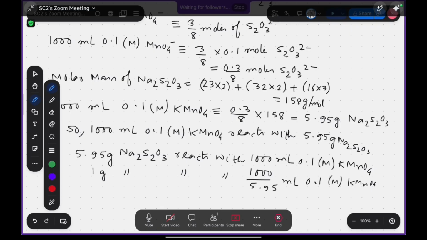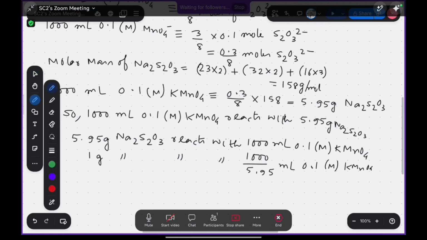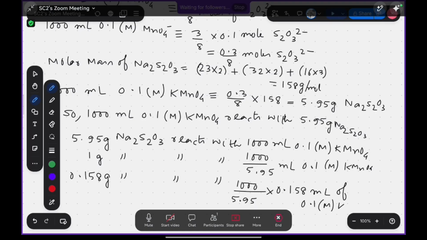A specific amount is given. What is the specific amount? The specific amount is 0.158 gram. So 0.158 gram sodium thiosulfate reacts with 1000 by 5.95 into 0.158 ml of 0.1 molar KMnO4.